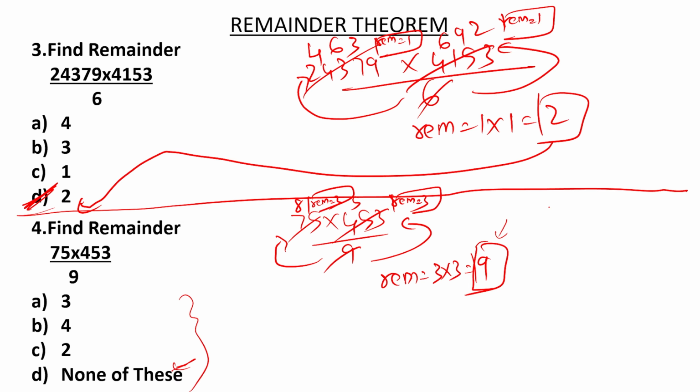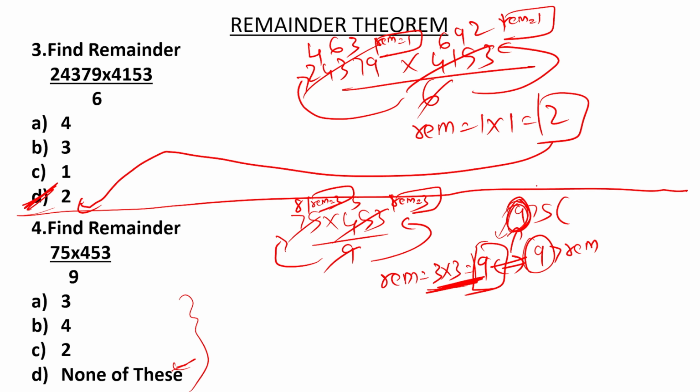If you are going to divide, this one must always be greater than the remainder. The remainder must always be less than the 9, not even equal to. But here, the remainder became equal to what we are dividing with. So this is not correct.